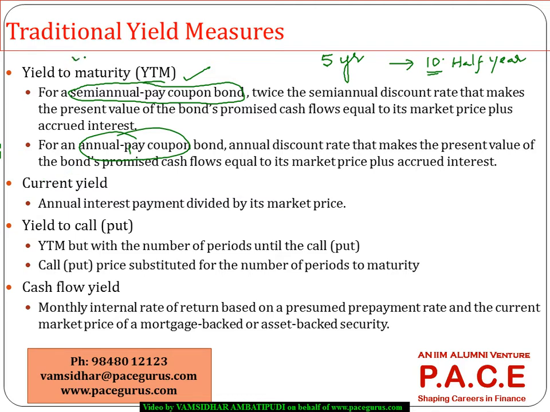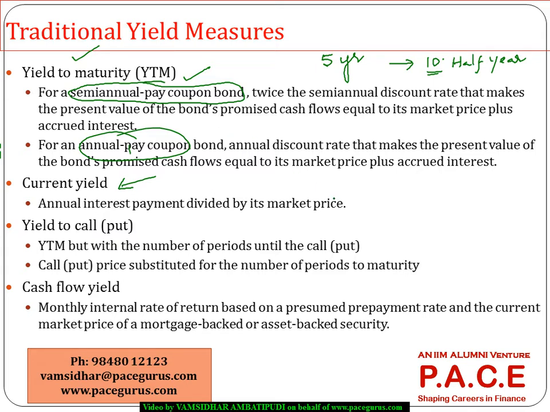And apart from the yield to maturity, we are looking at a few more terms for that. One is the current yield. Current yield is talking of only this year, what is the yield. We don't look at a 5 year holding period or something like that. We are not looking at until the maturity period. We are looking at for this particular year what is the yield.